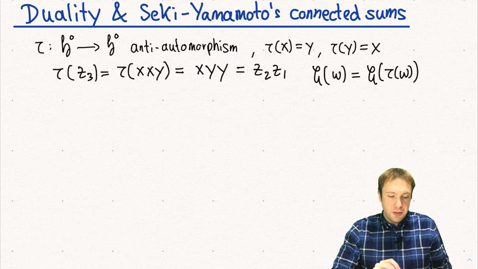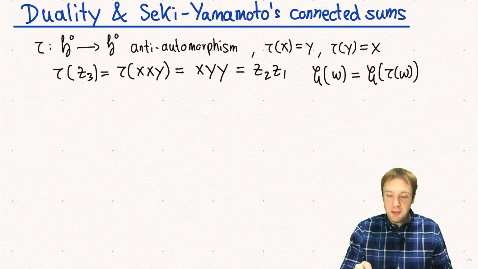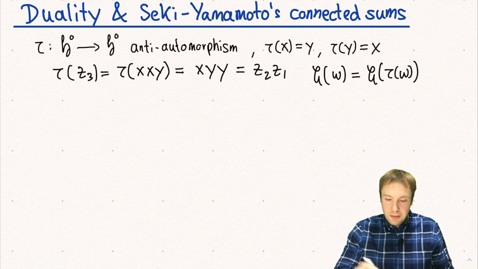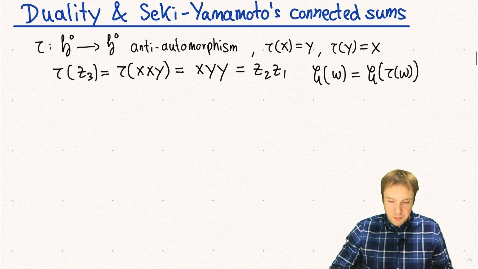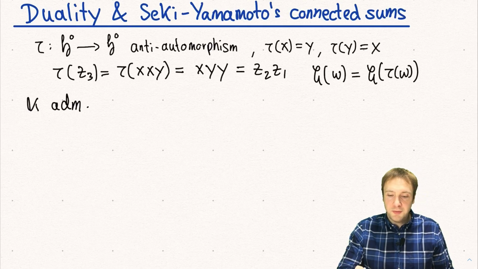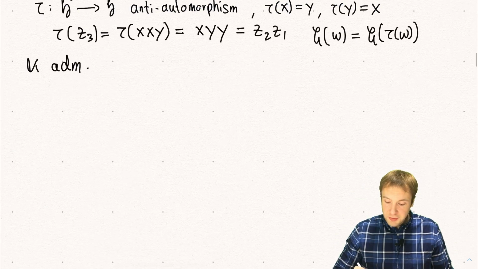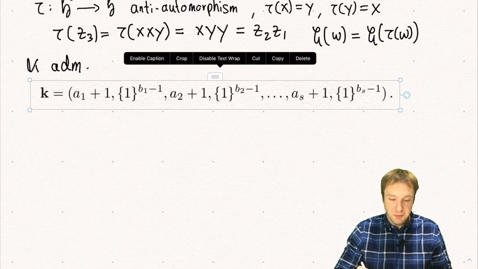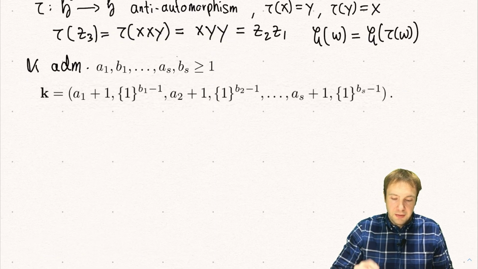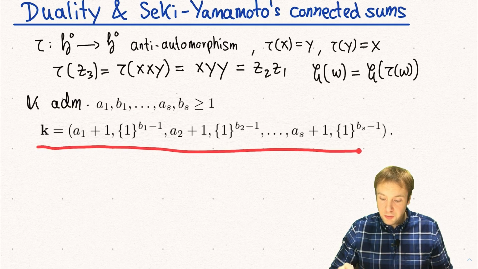And now we want to phrase this duality relation on the level of indices. Here it's on the level of words. For this, let's assume we have an admissible index k. We want to understand the dual index of this admissible index. If I have an admissible index k, then the first claim is that I can write this index as follows.